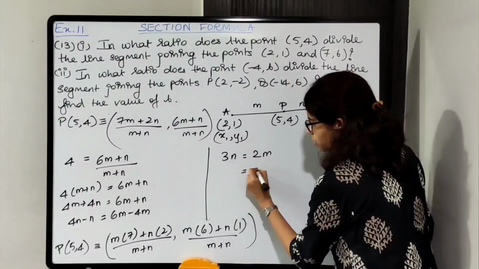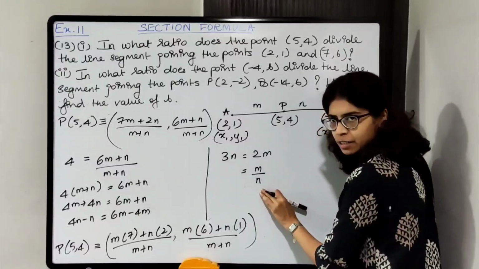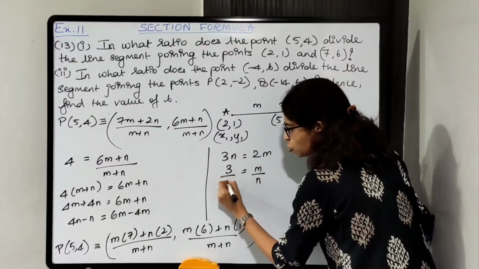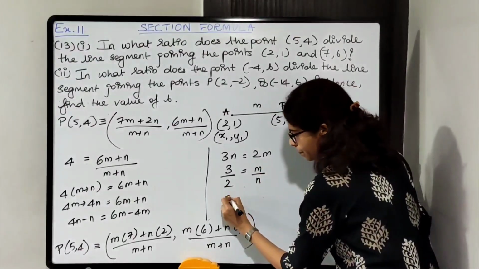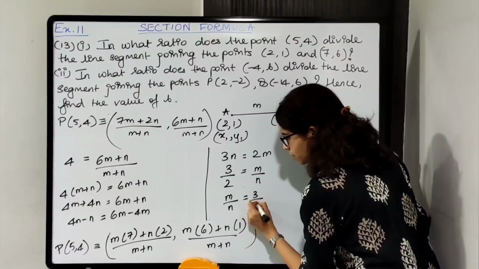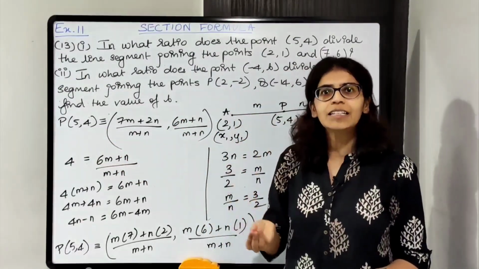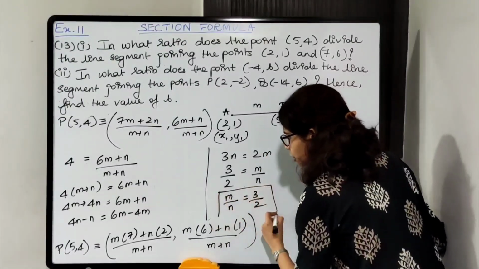So variable on one side, n goes in the denominator, and number on the other side. So 3 as it is, 2 will shift over here. So m upon n is 3 upon 2. We are getting the same, as when we equated x it was the same. You should get it the same. So m upon n is equal to 3 upon 2.